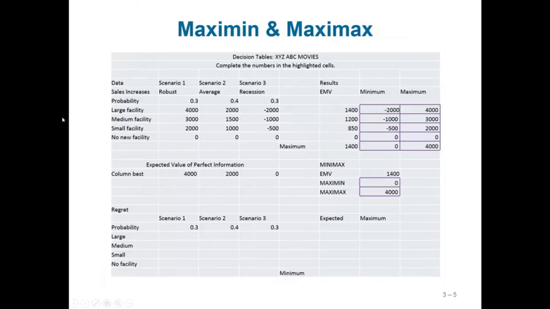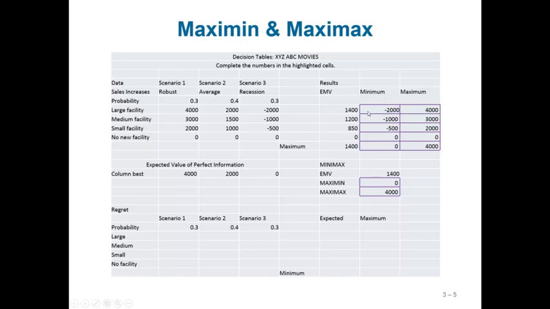So if you're looking for Maximin and Maximax, Maximin, remember, you're trying to find how to maximize the minimum that you're going to get. So if things turn out bad, what's my best minimum outcome? And then Maximax is, if things turn out well, how do I get the best value? And you look at each of those.